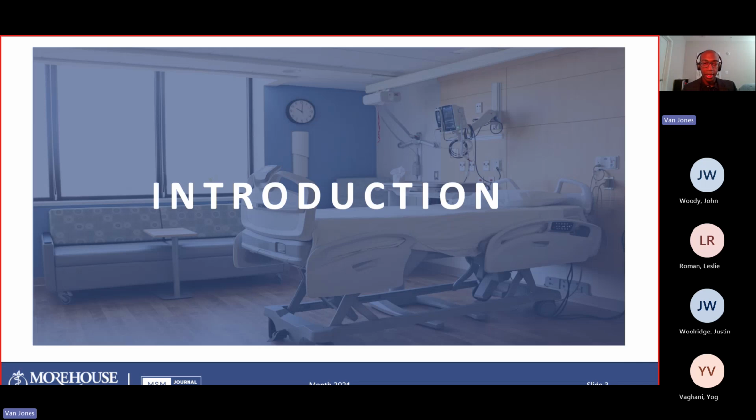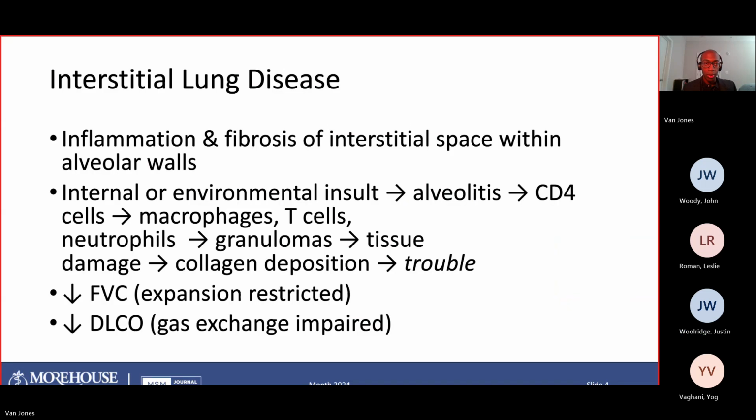So with that, I'm going to get started on my paper, and I'm going to start with a little introduction on interstitial lung diseases. They are a group of pulmonary pathologies characterized by inflammation and fibrosis of the alveolar walls.